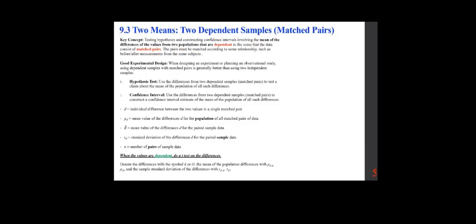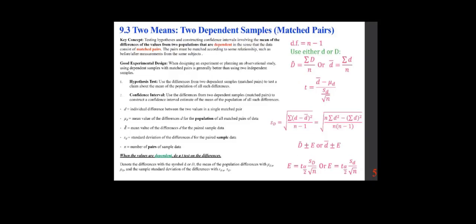So the mean of the population differences is mu sub d, and the sample standard deviation is s sub d, each one is fine. The degrees of freedom is the same thing, n minus 1. We use the lower or uppercase.